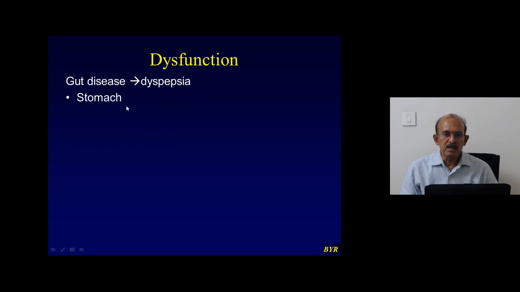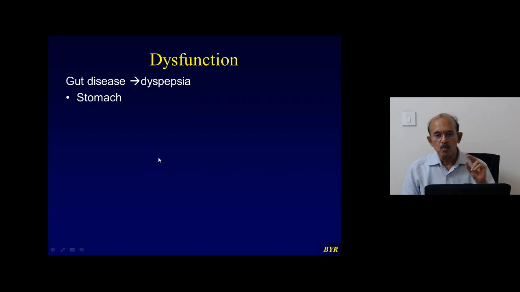If the stomach is disordered, how does it manifest? When our stomach is having some problem, the first thing it does is produce the symptom of anorexia. The patient doesn't feel like taking food. So when the stomach is ill, the first symptom is anorexia.